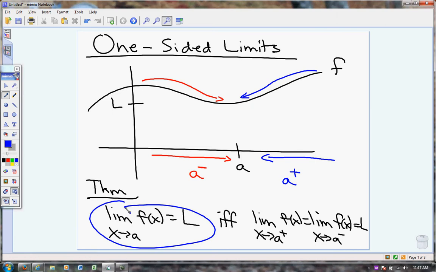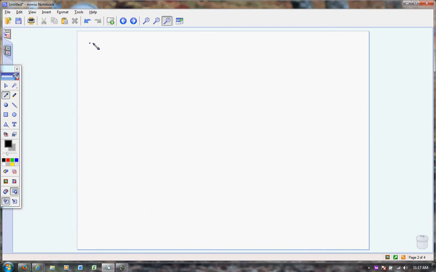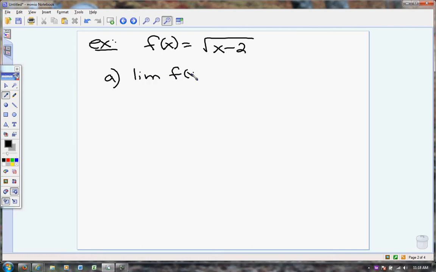All right, so we're going to look at some examples here of how this plays out. First, how about the function the square root of x minus 2? We're going to look at several different situations. We're going to look at the limit of f of x as x approaches 2 from the right.